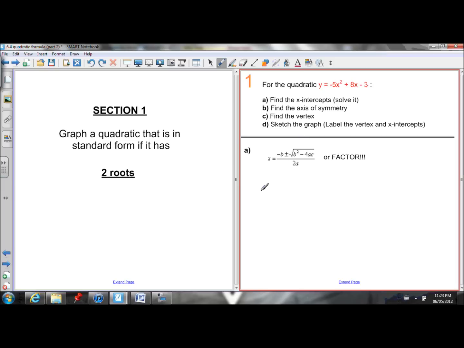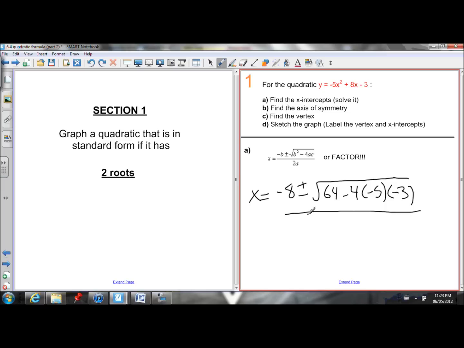So to find the x-intercepts, I could solve it by factoring, or I could solve it using the quadratic formula. I want us to practice using the quadratic formula, so I'll go ahead and do that. x equals negative b, so negative 8, plus or minus the square root of b squared, so 64, minus 4 times a times c, all over 2a.